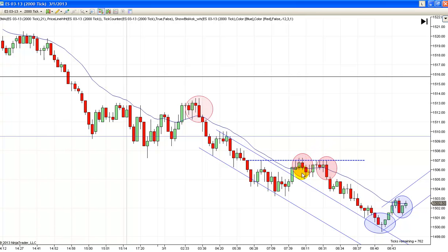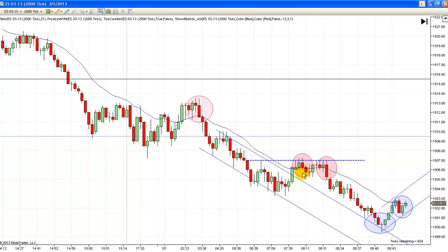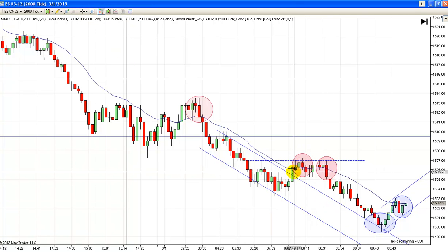So the entry would be 1 tick. Here's your little signal bar. The entry is 1 tick below it. And this is a really good example because this one backs up. And your stop goes 2 ticks above that. Let's just see what your stop would be. Your entry is 1505.75.